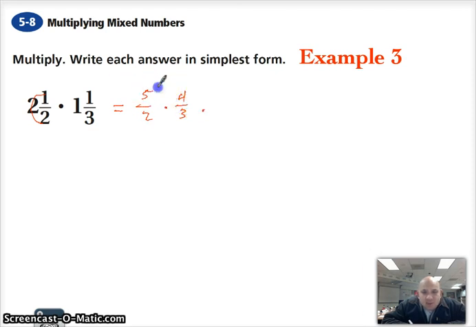Multiply those numerators together, those denominators together, and we get 20 over 6. 20/6 is the same thing as 3 and 2/6, because 20 divided by 6 goes in there 3 times. We have 2 as a remainder, 2/6, and we simplify, and we get 3 and 1/3. 3 and 1/3.